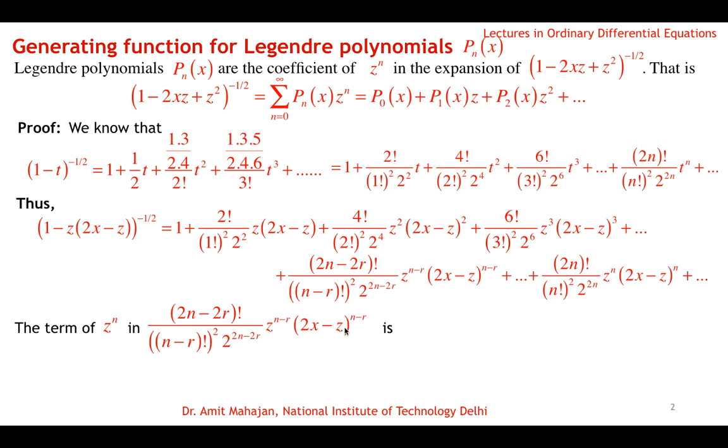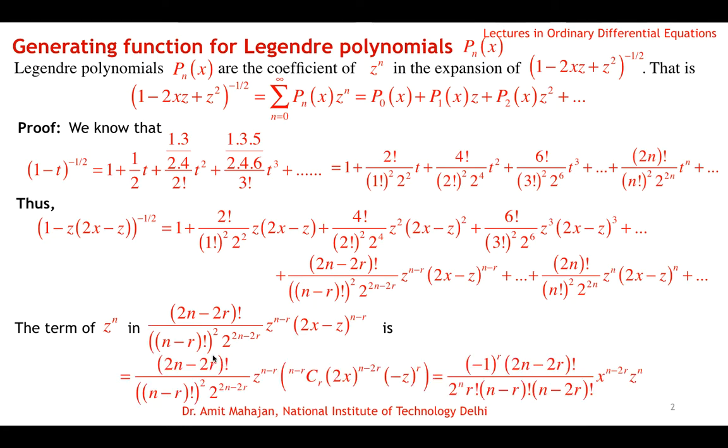We know that we can expand this like a binomial. So z power r will come when we have n minus r Cr z power r and 2x power n minus 2r. So this will be the term. This coefficient is already there: 2n minus 2r factorial, n minus r factorial squared, 2 power 2n minus 2r, and z power n minus r is already there.